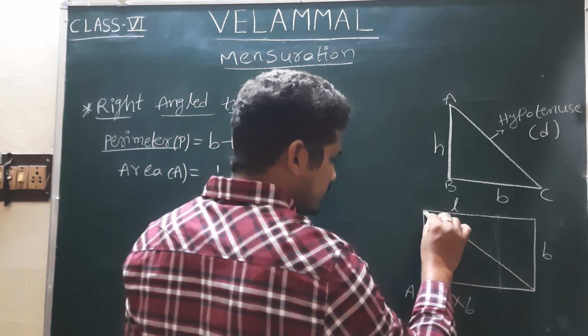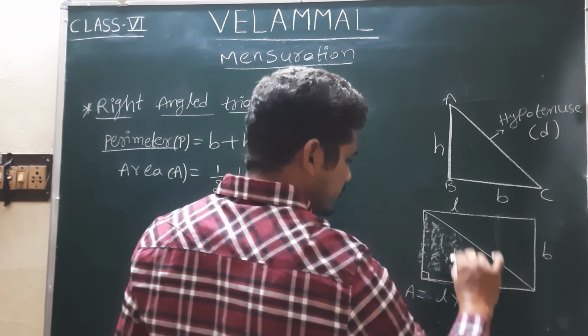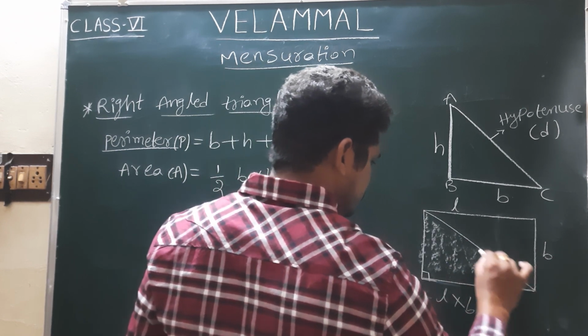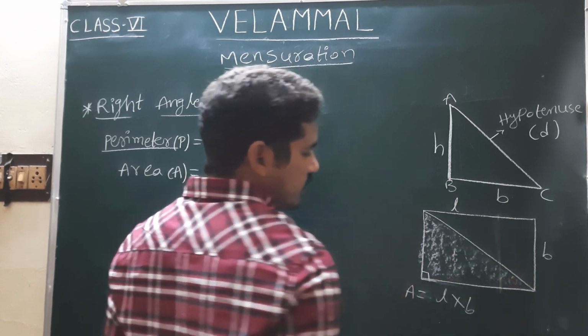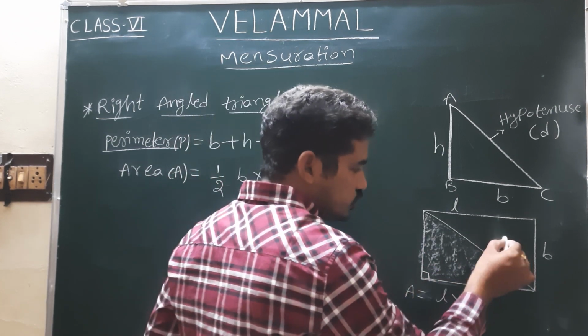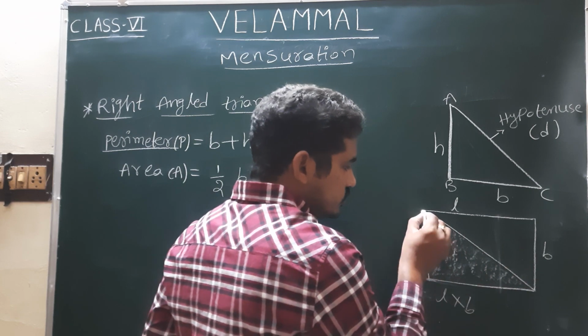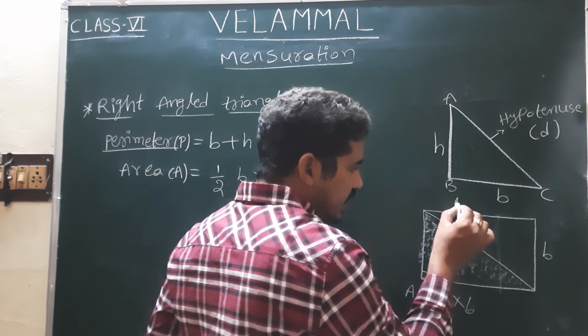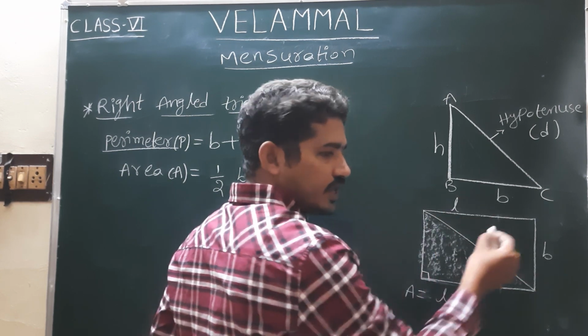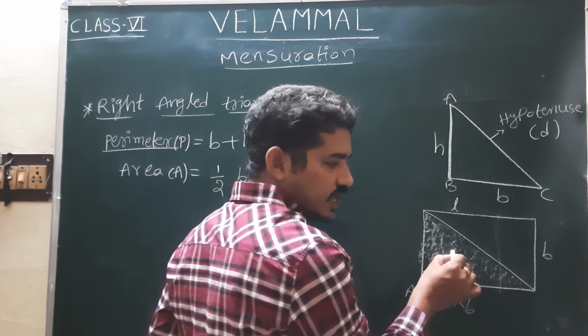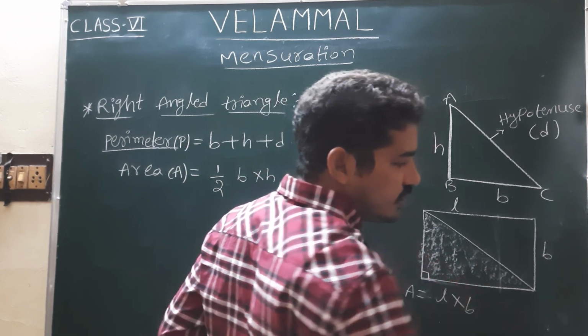If we take this figure, this will be the area of the triangle. Now if we observe, these two are equal, so this area will be exactly half of the area of the rectangle.